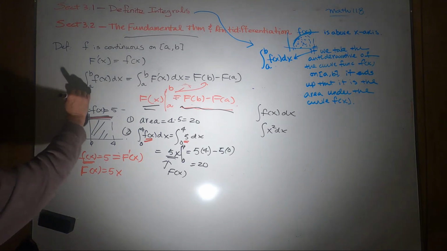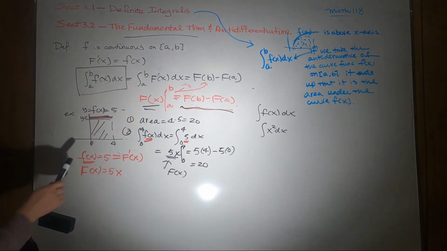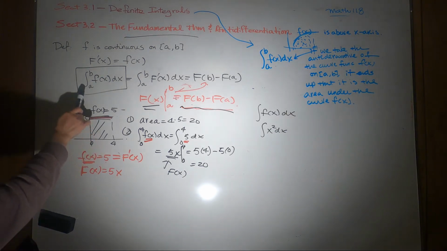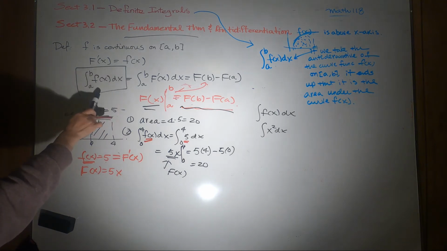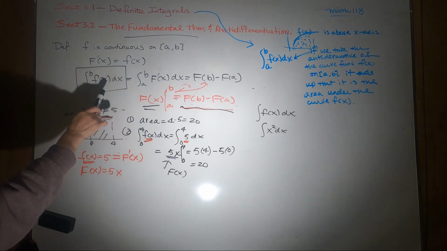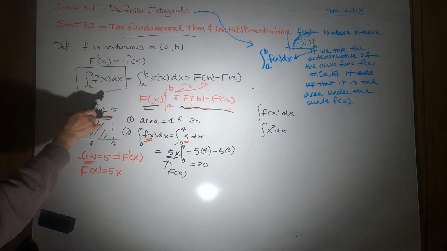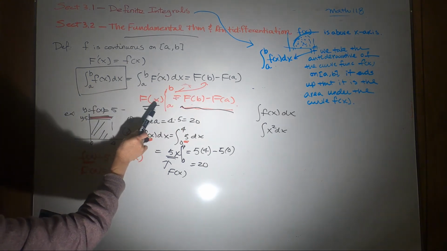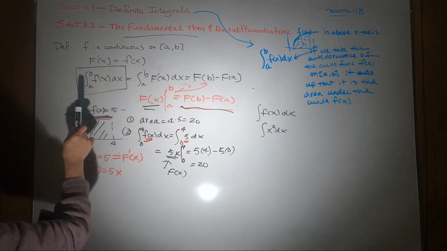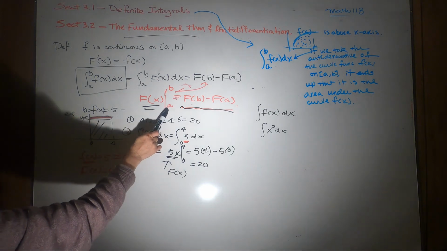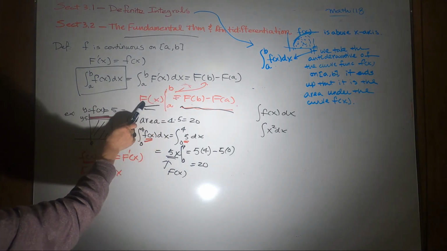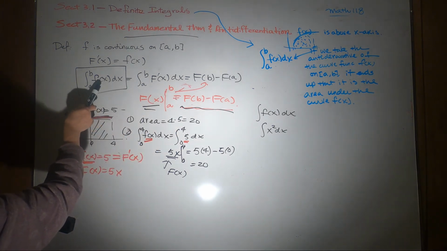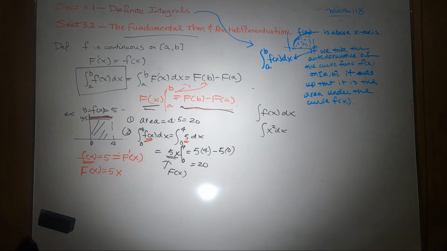It means if I take the antiderivative of the curve, which is a straight line right now, I find the antiderivative, then I can just plug in my values from A to B into my antiderivative to get the result, the fixed area.